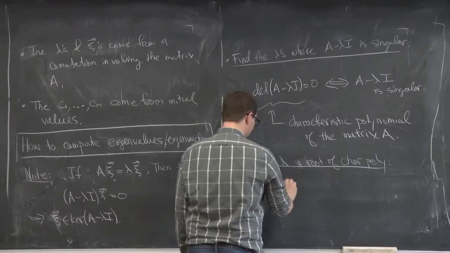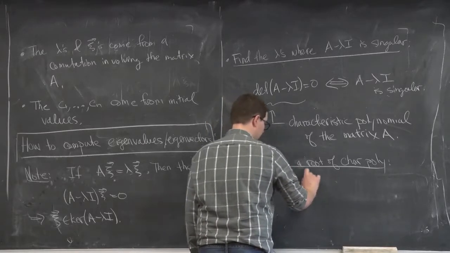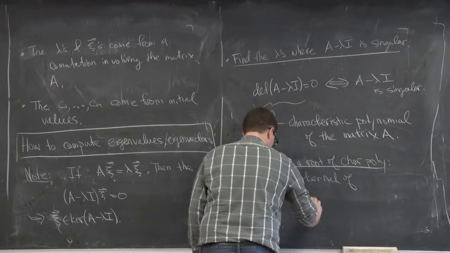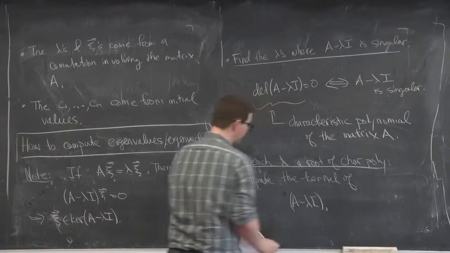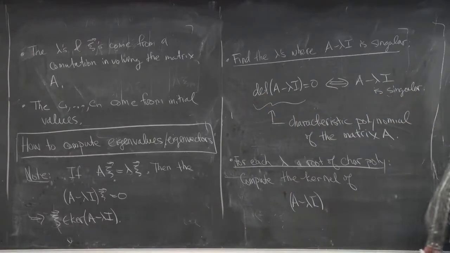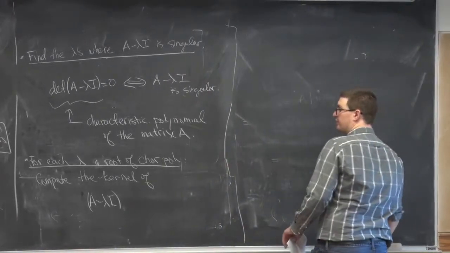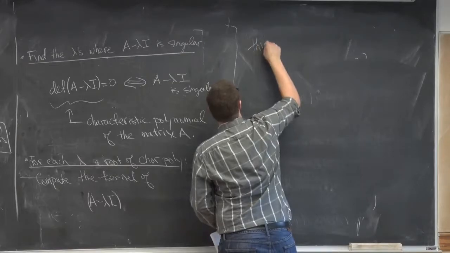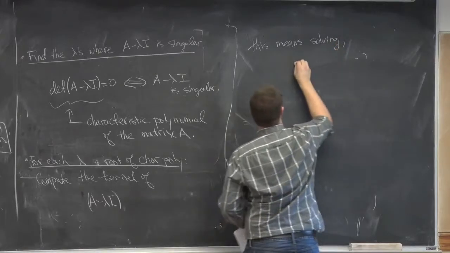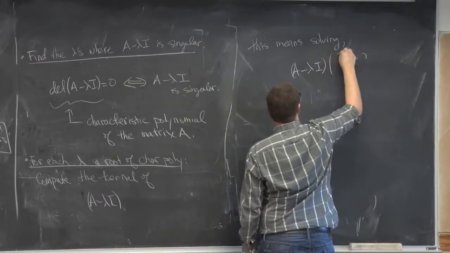We compute the kernel of A minus lambda I. So this involves solving the equation A minus lambda I times a vector equals 0.